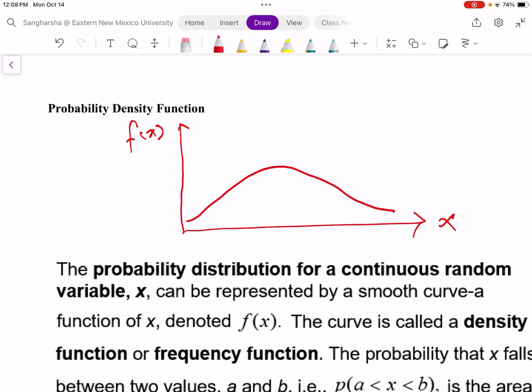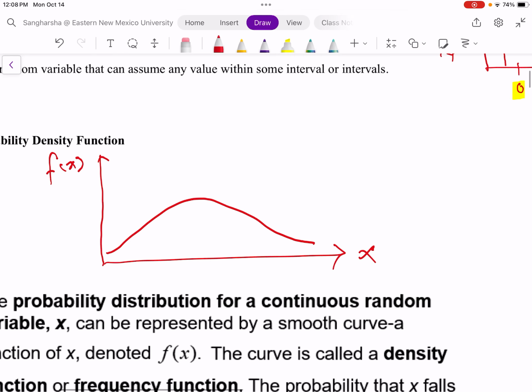It can be this curve, or you can have a curve that looks like a rectangle.